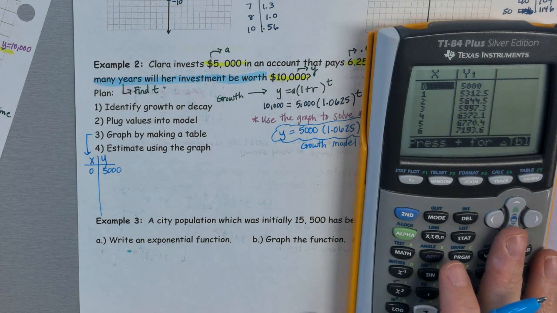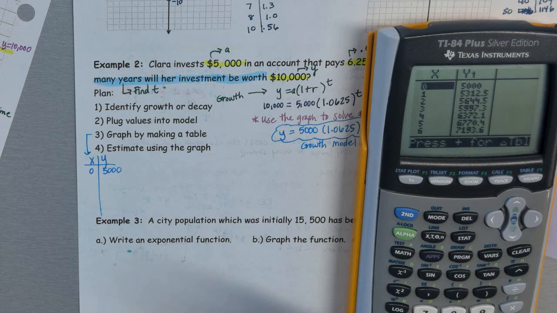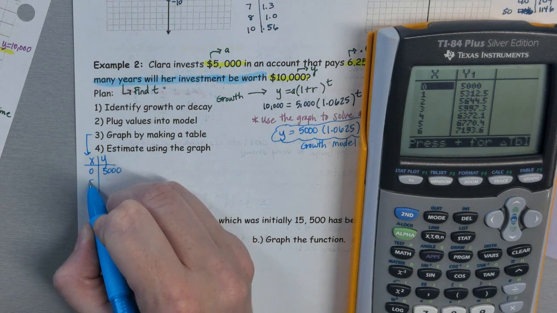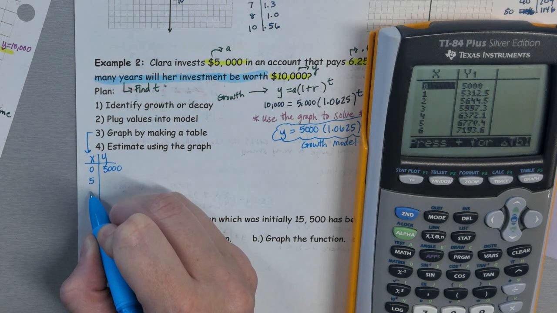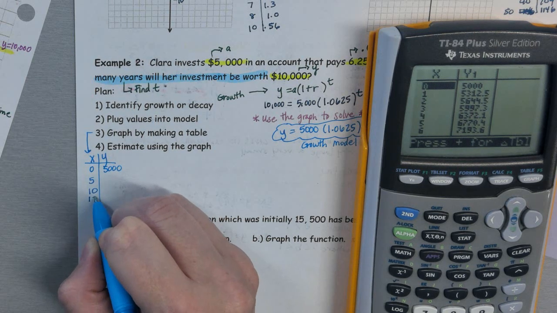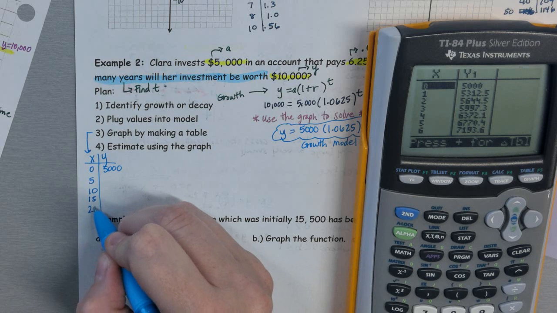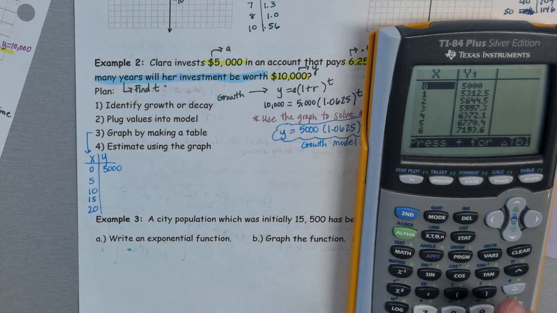And then remember that we are trying to find out when it's 10,000, so I'm going to go over that. In fact, in this one, I am going to go by 5s again. So 0, 5, 10, 15, 20. So we're at least going to go out to 20.